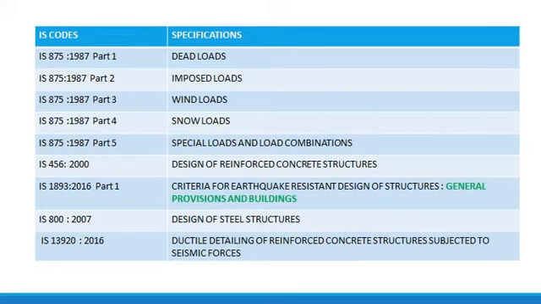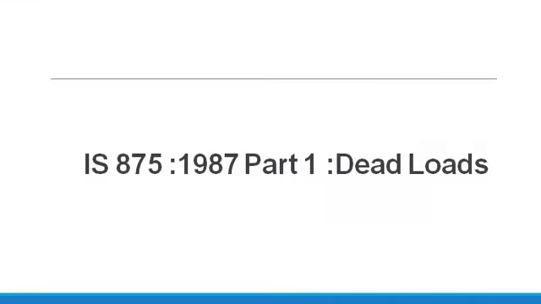Other than these, IS 1893 2016 also contains the different load combinations that we are using. To start with, the IS 875 Part 1 that we are using for the calculation of dead loads.